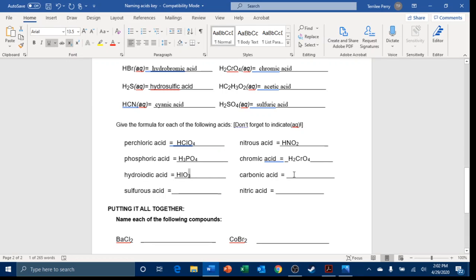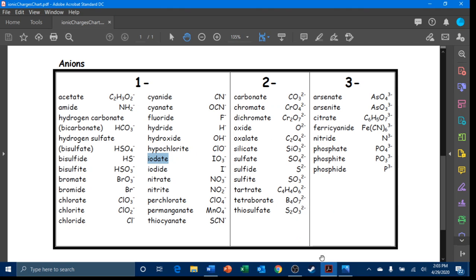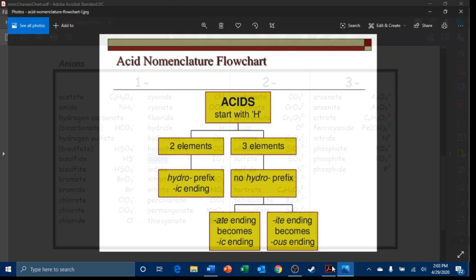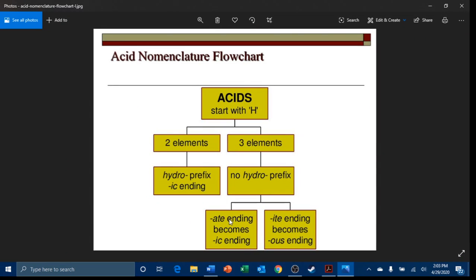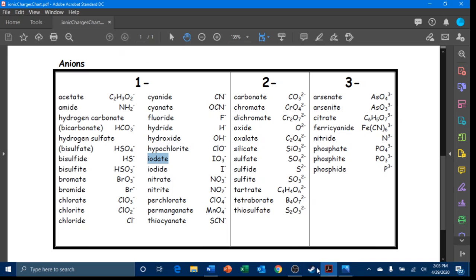All right, carbonic acid. We know that has something to do with carbon, but it's not carbon because it has an ic. So if it was an ic, it's an ate. So let's go look for carbonate. I've got to have plain old carbonate. Carbonate, CO3 with a 2- charge.